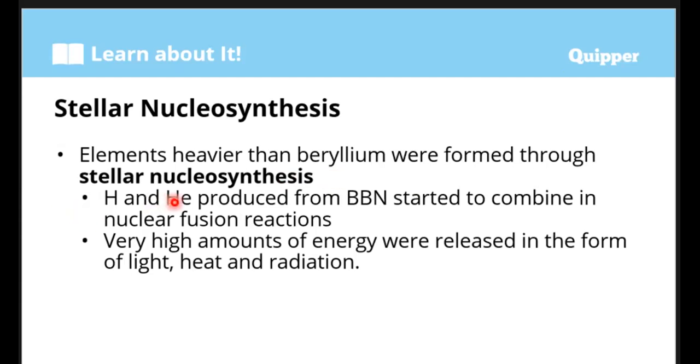The hydrogen and helium produced from the Big Bang nucleosynthesis started to combine in nuclear fusion reactions. Because of the fusion of hydrogen and helium, beryllium and lithium were formed, and very high amounts of energy were released in the form of light, heat, and radiation.